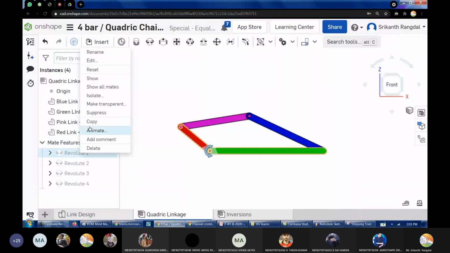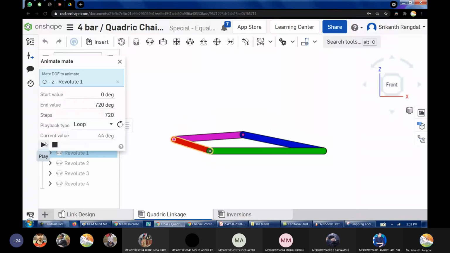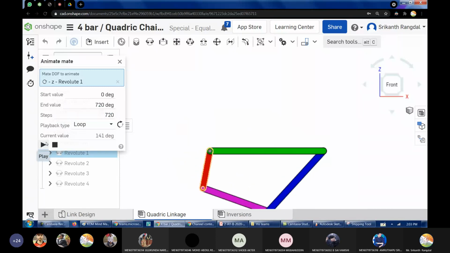So it is rotating only on one side of the green link. Okay, let us see. Let me show you. Only one side.